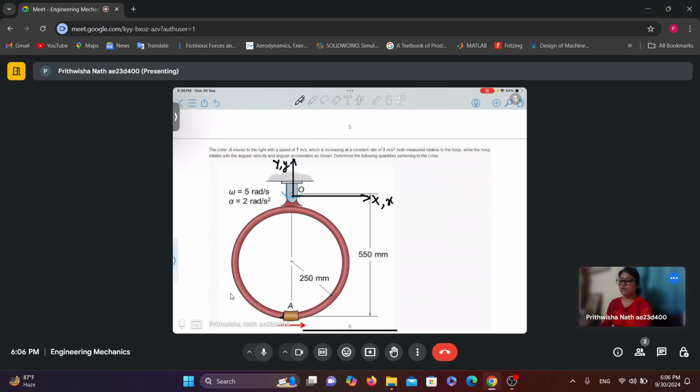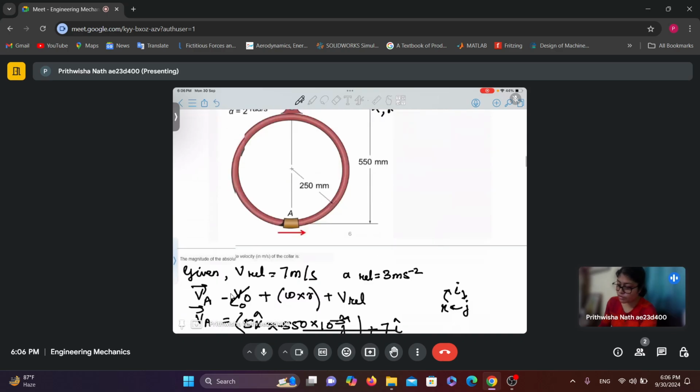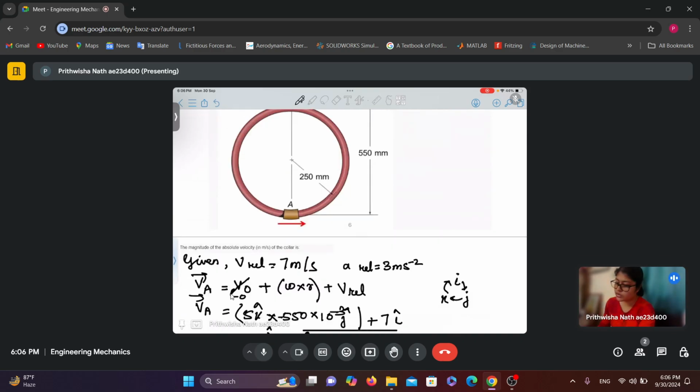Omega and alpha are given for the hoop, and the speed and acceleration of the collar relative to the hoop are provided in the question. Now we are asked to find the magnitude of the absolute velocity of the collar.